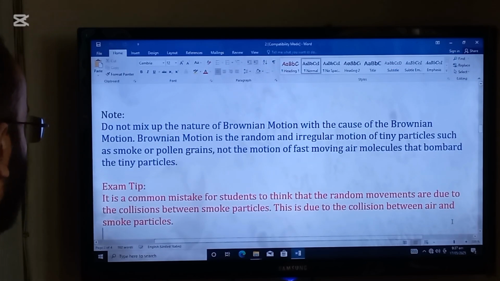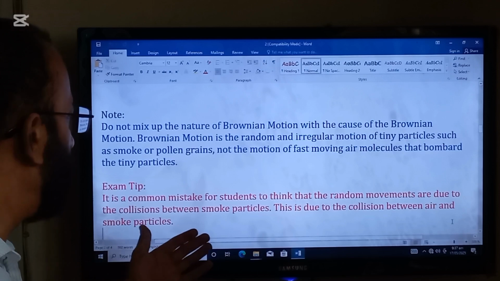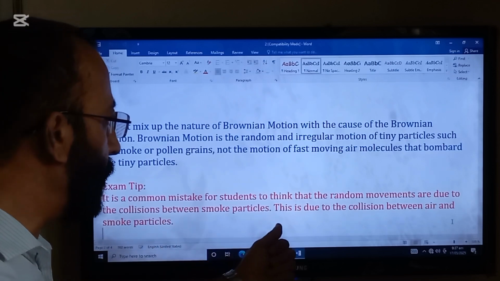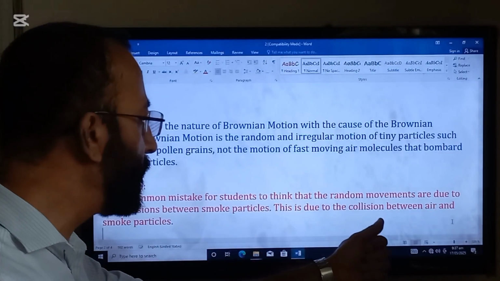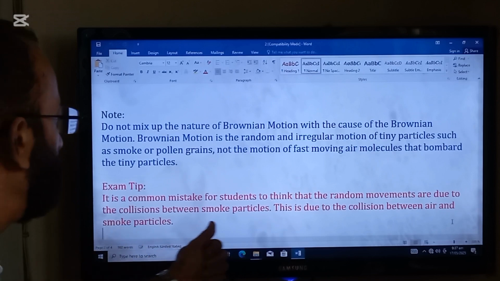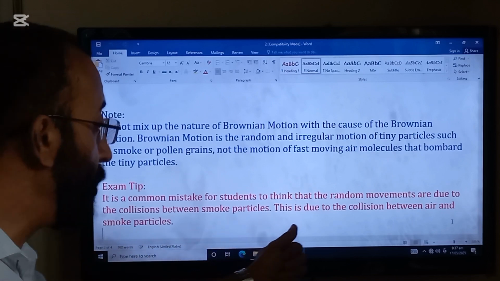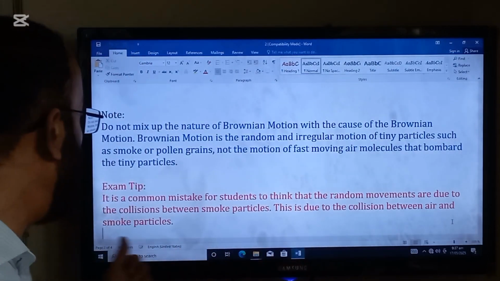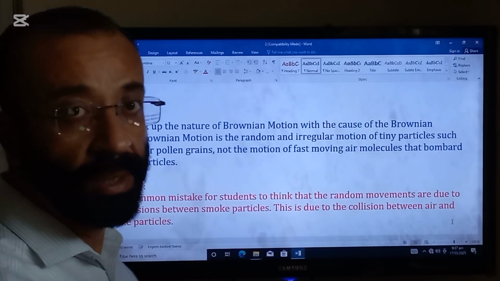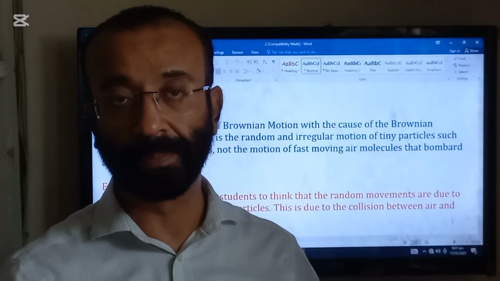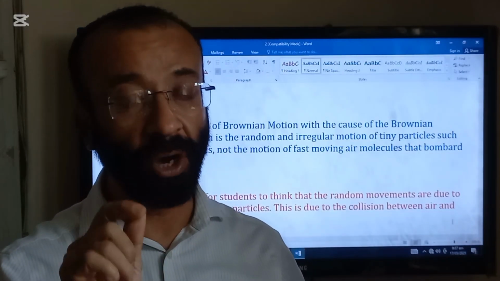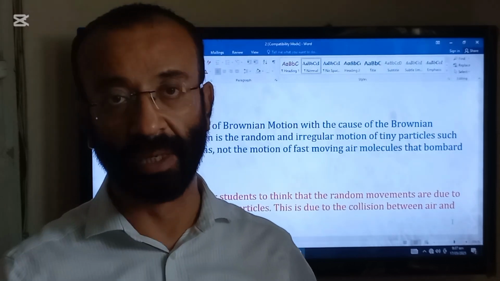Exam tip. It is a common mistake for students to think that the random movements are due to the collision between the smoke particles. This is due to the collision between the air and smoke particles. So two very important points are here. Brownian motion is not actually the movement of the air particles.